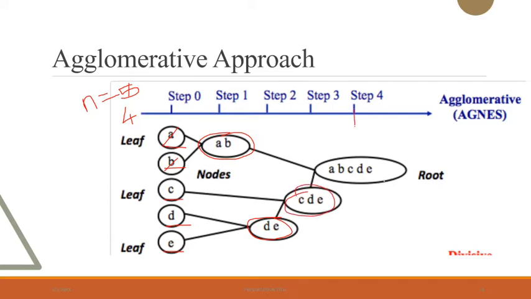In the last step, we are only left with the clusters AB and CDE. So we merge these two clusters to form a single cluster with all the data objects. So this is how the agglomerative approach works.